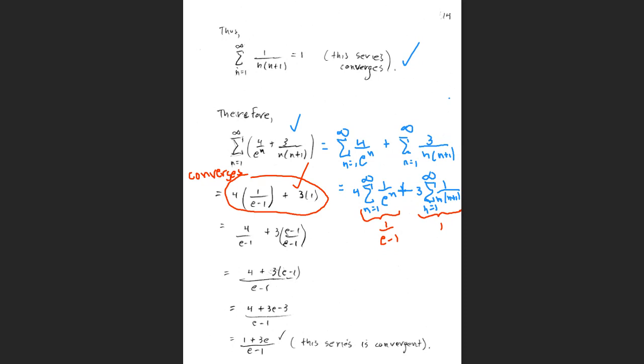You don't have to, but if you wanted to get the series with just a denominator e minus 1, that's what it would look like. Okay, are there any questions on that problem?